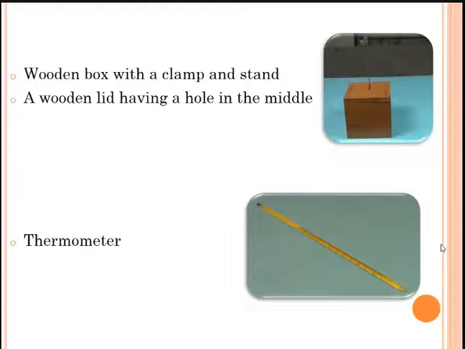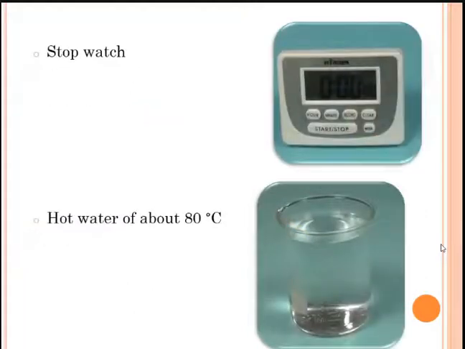Then we have a wooden box with a clamp and stand, and a wooden lid which has a hole in the middle. Then we have a thermometer, which is used to measure the temperature of the water. Then we have a stopwatch to note down the time period, and we will take hot water of about 80 degrees Celsius. Now I want to call Chirag to explain the procedure.